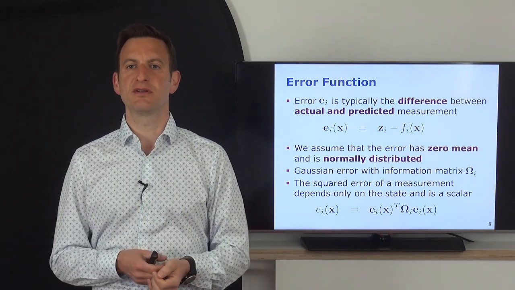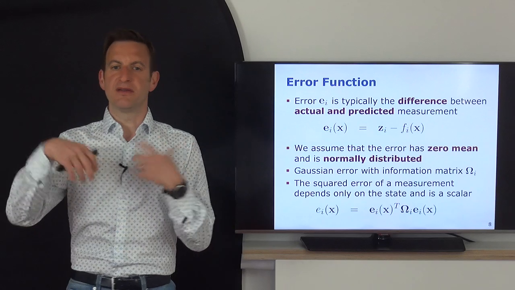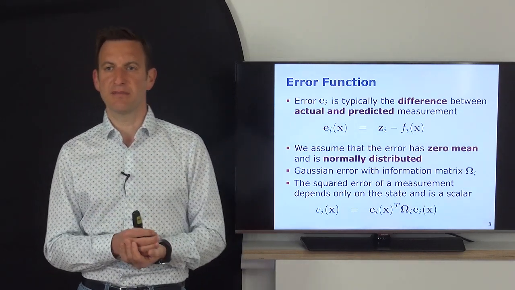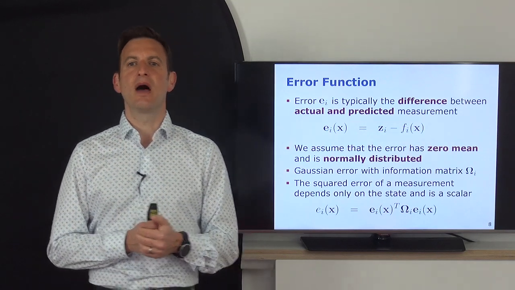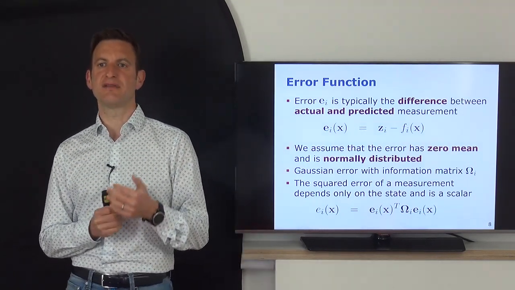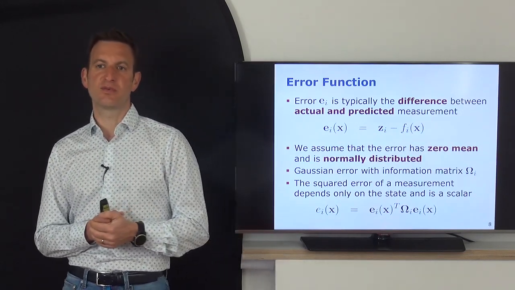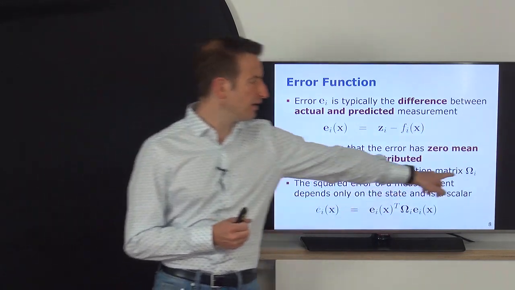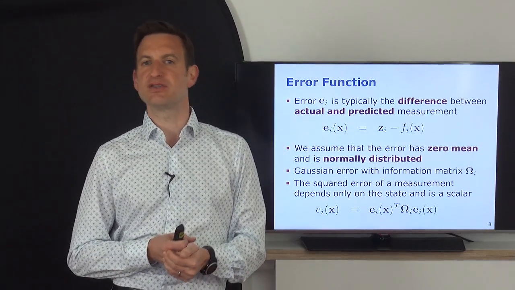Could be the pixel coordinate in the example of a camera, or could be a difference in range for a laser rangefinder, for example. And we also assume here that we know how good our sensor is. So we have a notation of uncertainty of the sensor, which is expressed in an information matrix, here omega_i. So every observation can, for example, have a different information matrix.